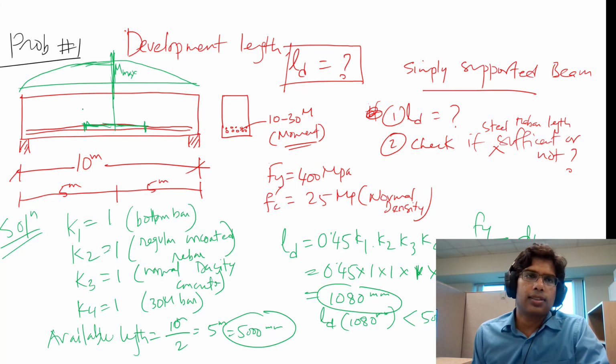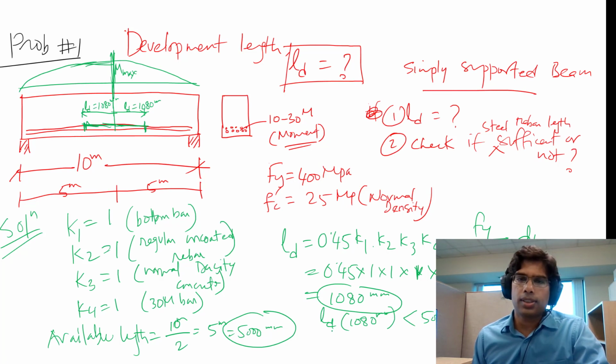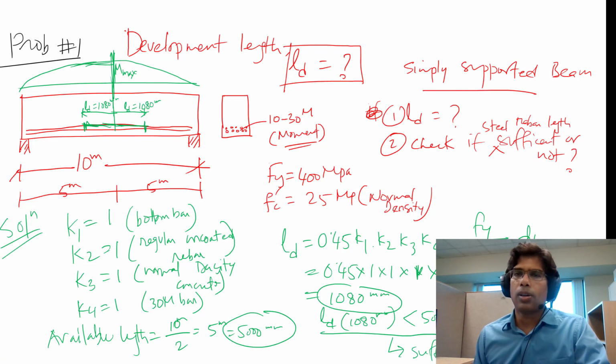This length, LD equals 1080 millimeters, and this length is also LD equals 1080 millimeters. Since this LD is less than 5000 millimeters, it's a sufficient length to develop the development length for the steel rebar for achieving the required moment capacity.